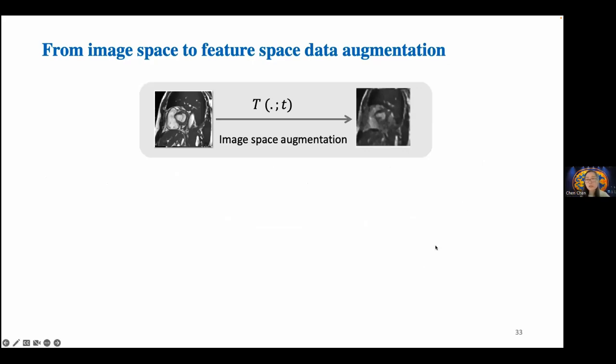This all requires some expertise, for example, to first define a specific transformation function, for example the bias field, and then set up the hyperparameters, for example the bias field magnitude. To generate more complex and more unknown variations, we wonder if we could do it more smartly, because for the image space one, we can only introduce some known variations. What about those unknowns?